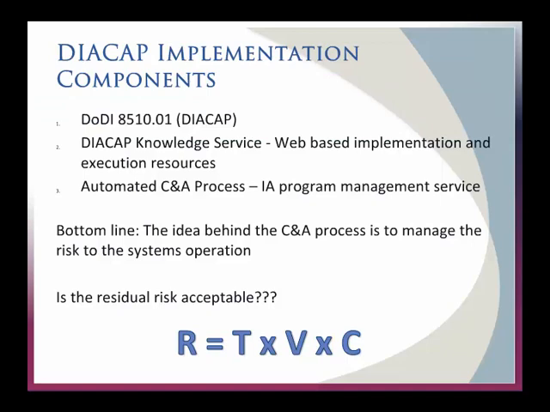So what you really need to get out of this is that we're really talking about managing a certification and accreditation process. We're managing risk to the system's operation. And the system is the GIG. It's the whole thing, because anytime anything is connected, we can't simply talk about any part anymore, because any part that has the weakest vulnerability can be exploited.